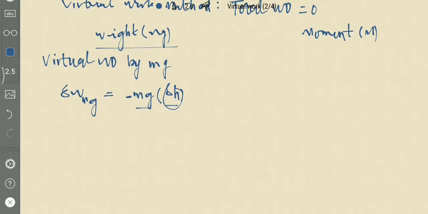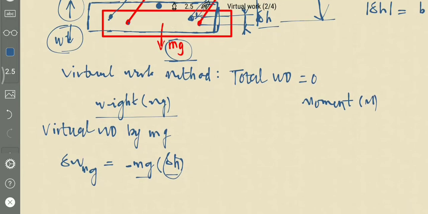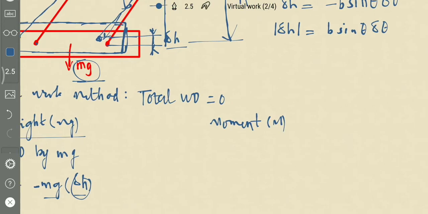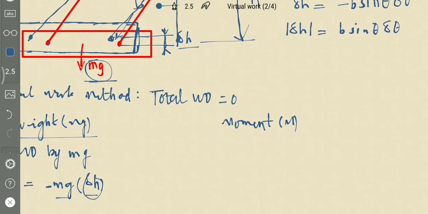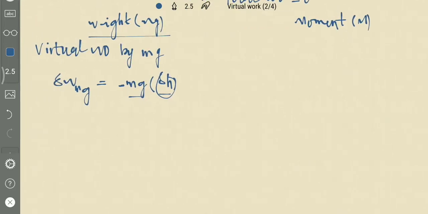So b sin theta delta theta is delta h, which gives minus mg into b sin theta delta theta.